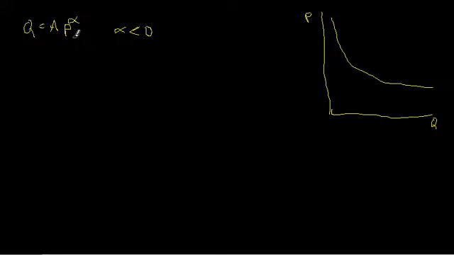So what's the elasticity of demand in this case? Well, we again know that elasticity of demand is the change in quantity demanded per unit change in price times P over Q. What is it in this case if we do the actual calculation?